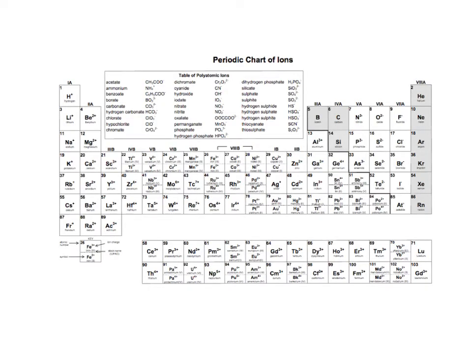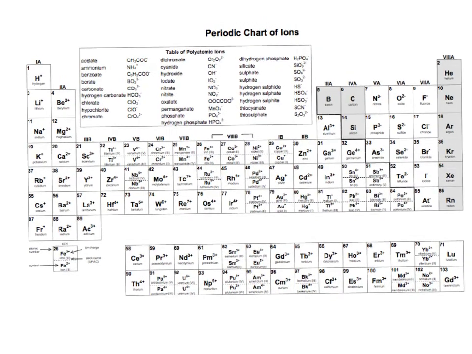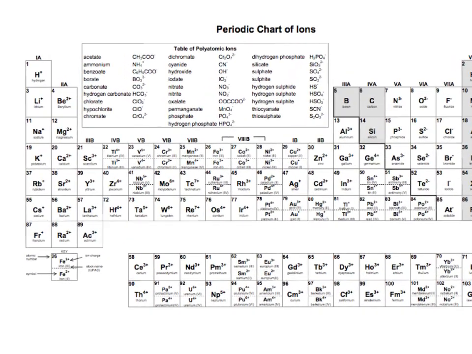All right, so the periodic table, this is a very interesting one. This is the periodic table of the ions. And so in the last video, we learned about representative elements and transition elements, if you remember. And let's see if I can blow this up a little bit. So the transition metals are here.